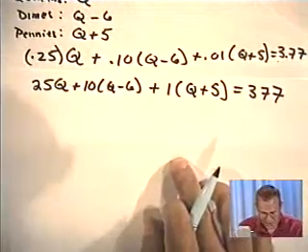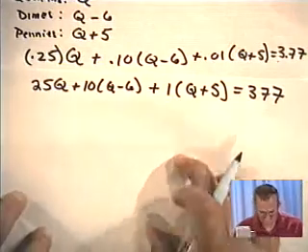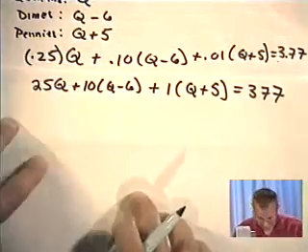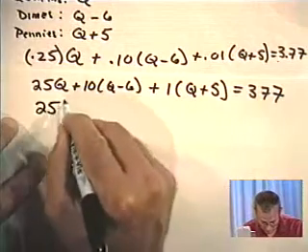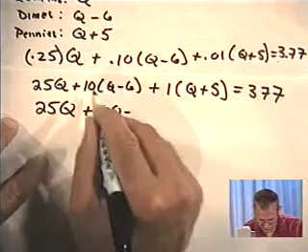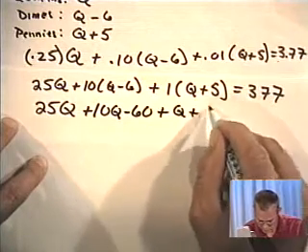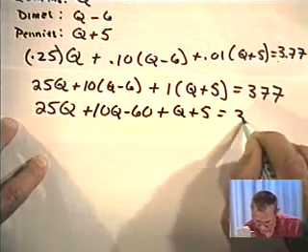Now I have a much easier linear equation because my decimals are gone. Now let's just distribute, combine like terms, and try to solve. So 25Q plus 10Q, I'm distributing, plus 1Q plus 5 equals 377.